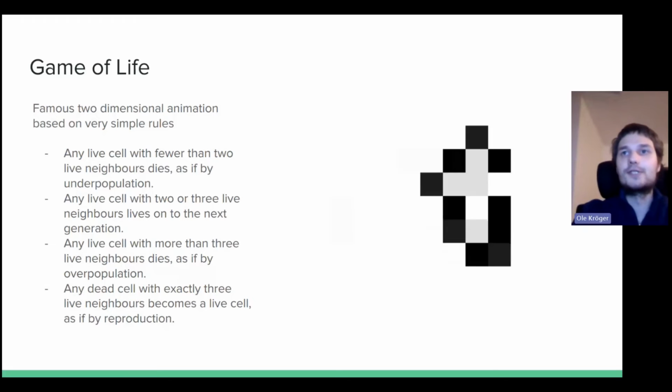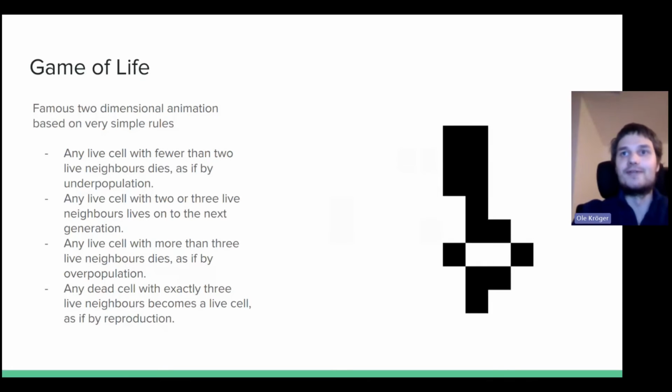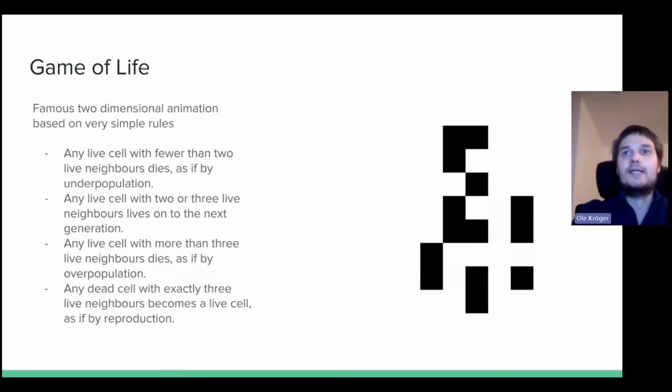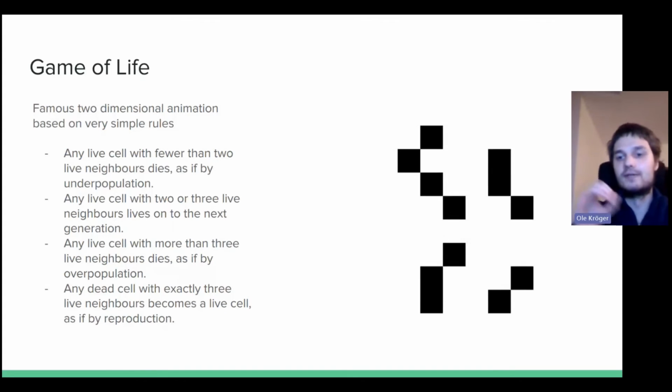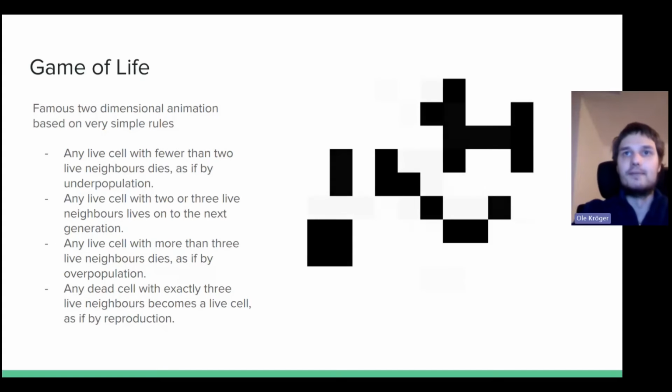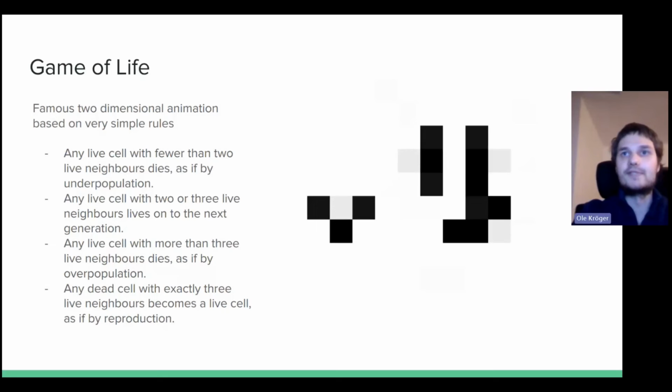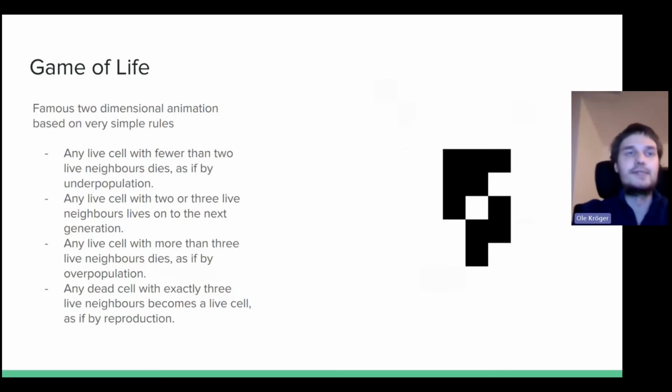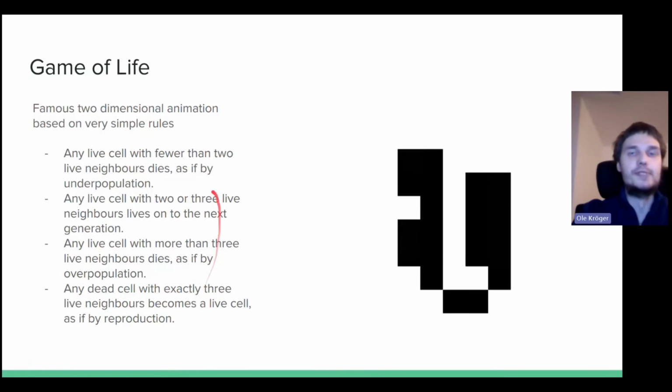Just a short wrap up of what the Game of Life is, or what it consists of. It consists of basic cells, which are either dead or alive. Here the black cells are the alive cells and the white cells are the dead cells. And then you have these 4 simple rules.